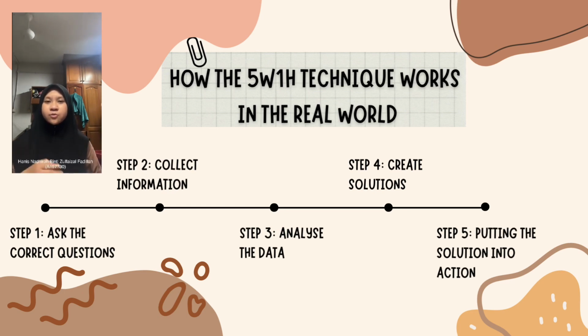Step 2. Collect information. The next step is to gain information once you have selected the question that needs to be addressed. Research, observation, and interviews can all be used to achieve this. It is important to collect as much information as possible in order to ensure that all aspects of the problem are evaluated.